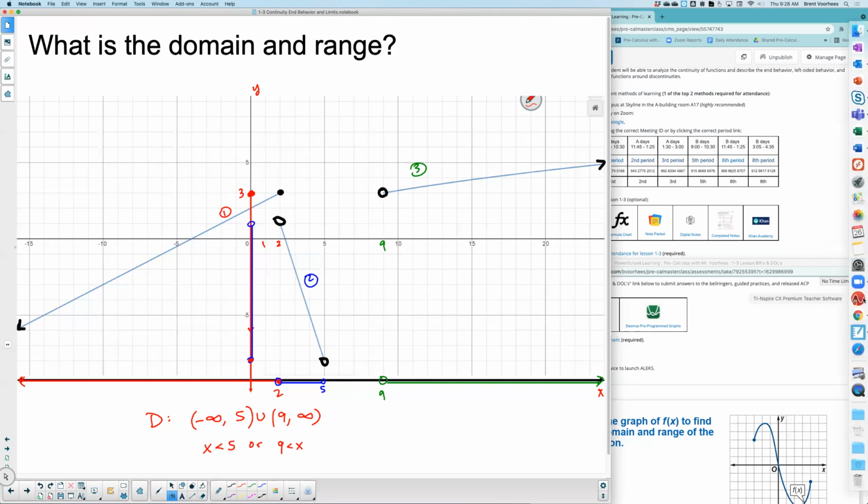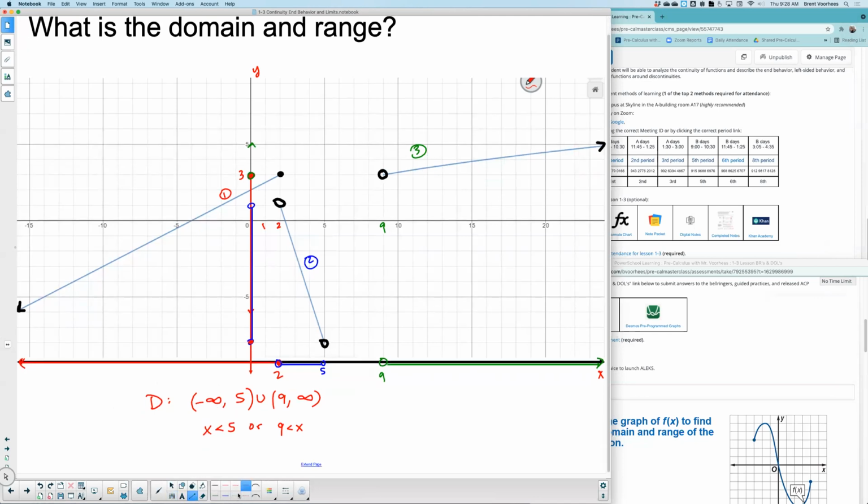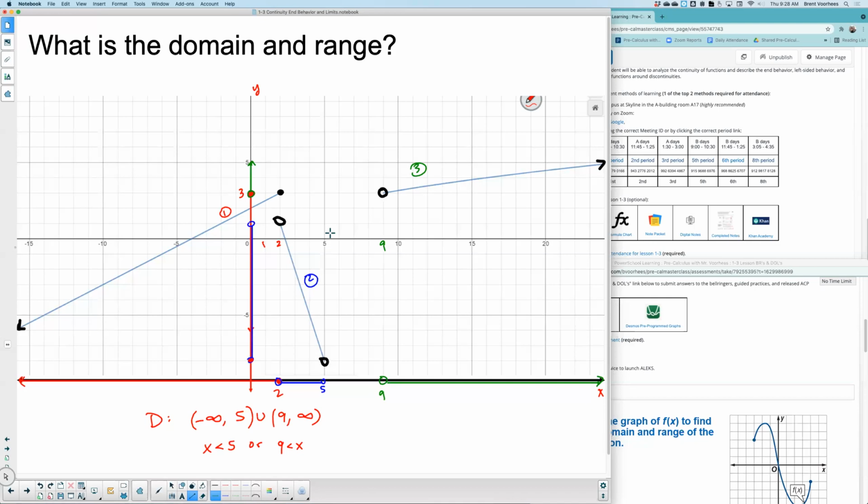Okay, what about piece number 3? Open dot, arrow there, and green solid line. What does that mean about my range? All real. What about this little open circle there that's in blue? Filled in by the red.